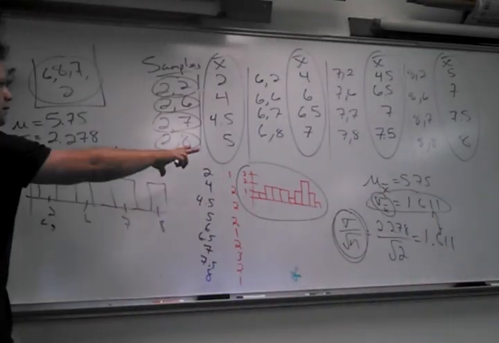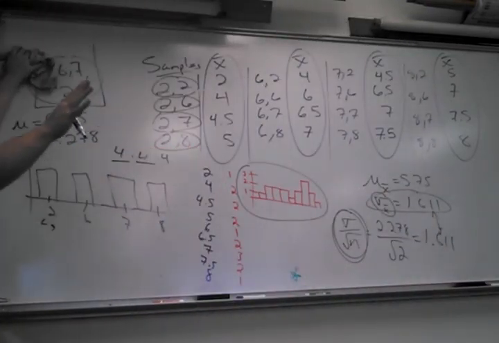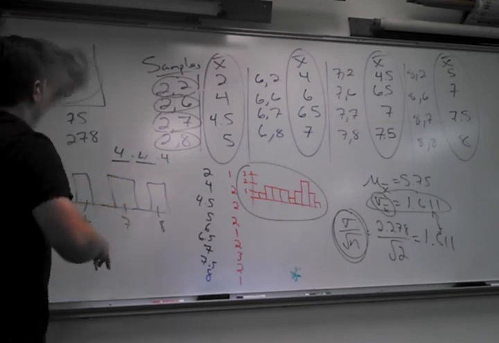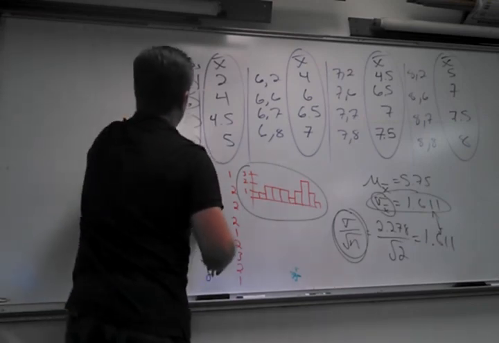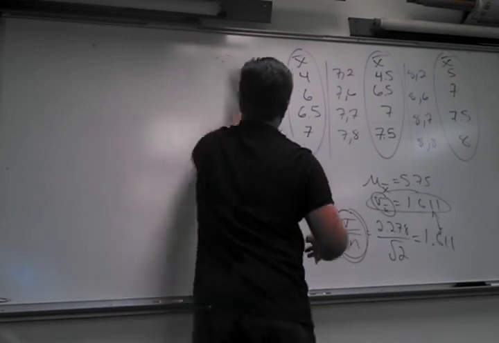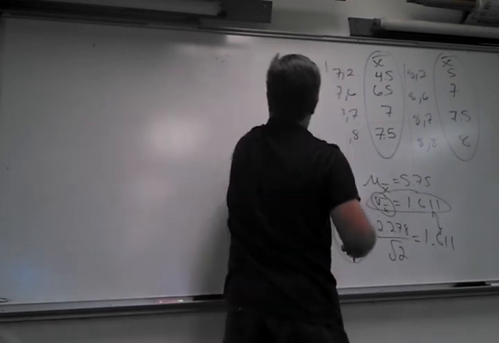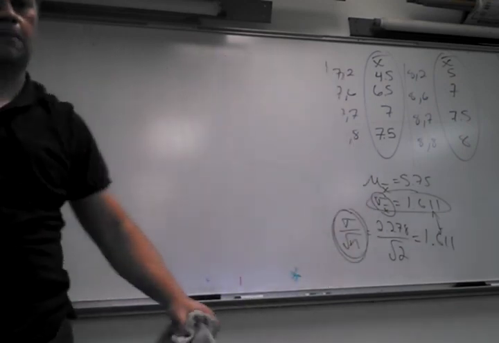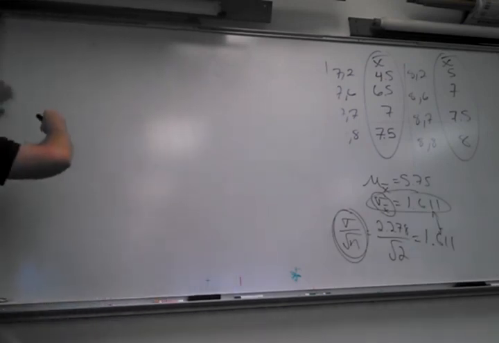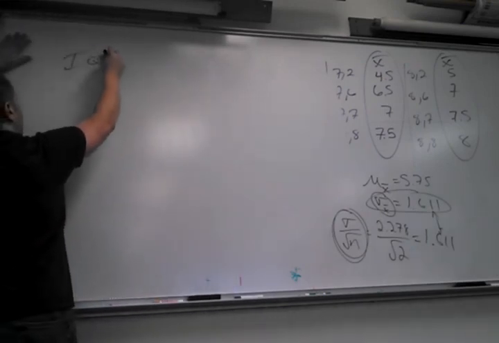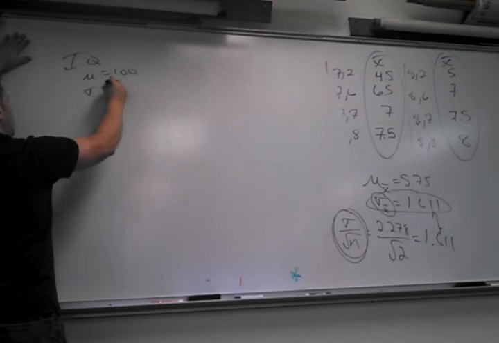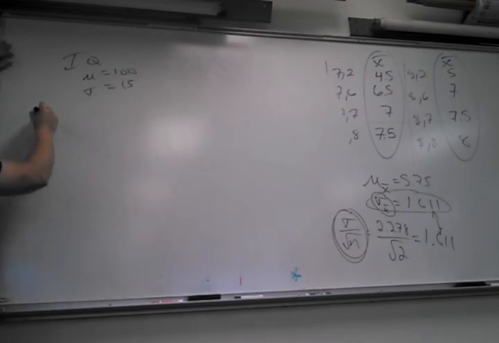I want to show you how this is going to affect you immediately. All right, so let's go back to IQ scores, I think. Mean was 100, standard deviation was 15. And the book does exactly like this.